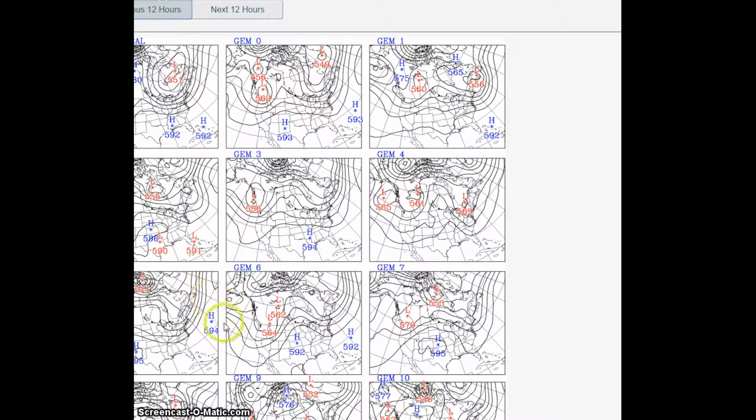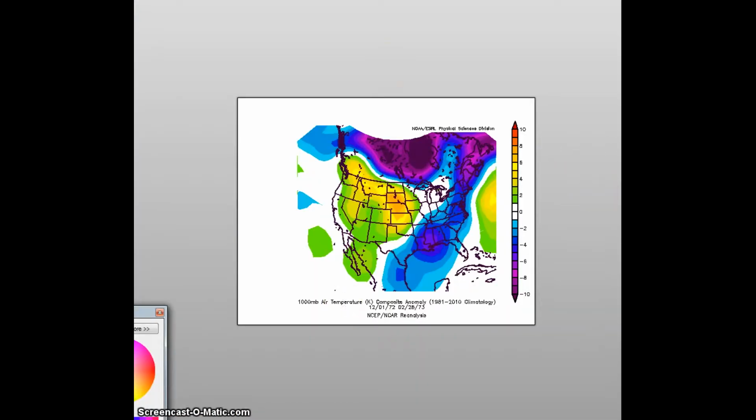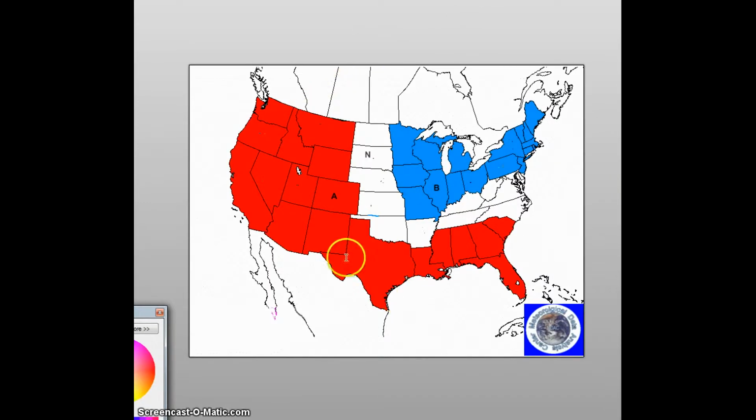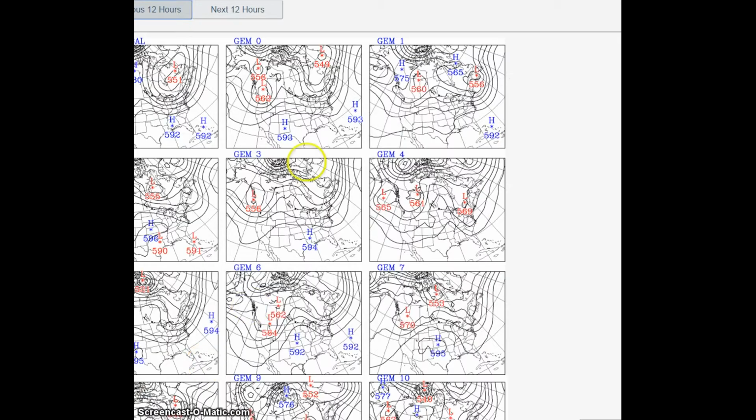During this forecast period, I am forecasting above normal temperatures for this area, below normal temperatures here, and then we're going to look at the temperature anomalies.